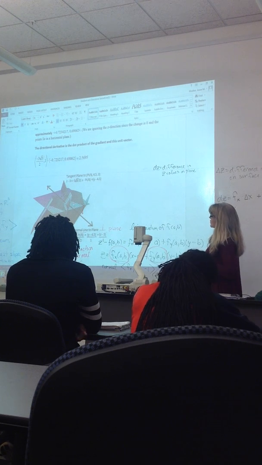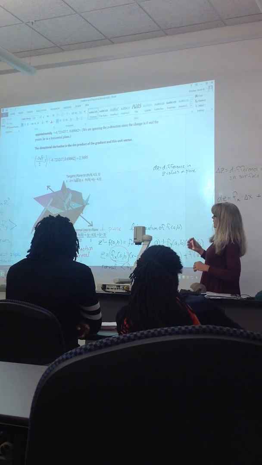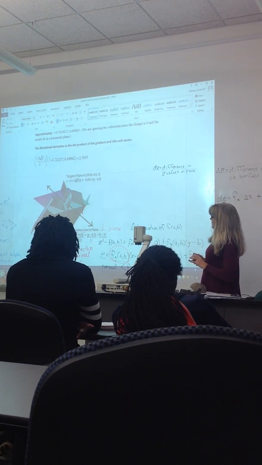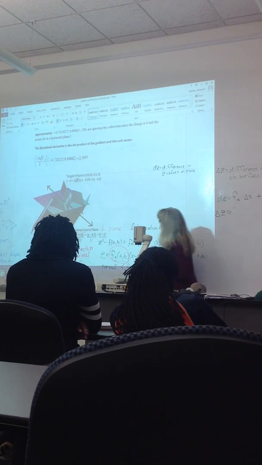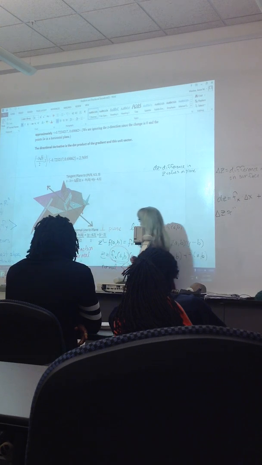You also might be interested in the tangent line, which would lie in the tangent plane. So if you were interested in a tangent line, it would lie in the tangent plane, and its direction would have to be perpendicular to your normal line.